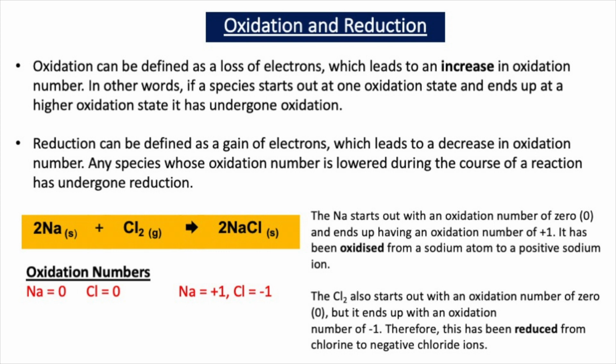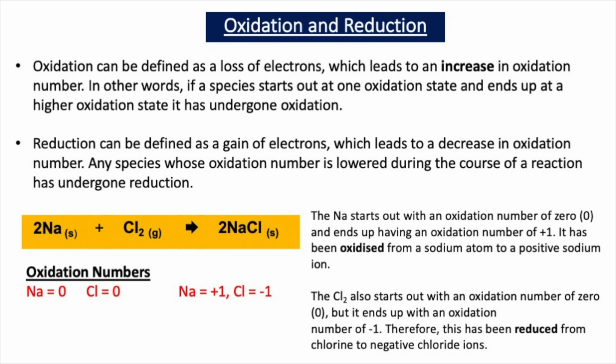So here we have 0 oxidation number changing to -1. The oxidation number has been lowered, is being reduced, and therefore reduction has taken place. So the chlorine has been reduced to chloride ions.